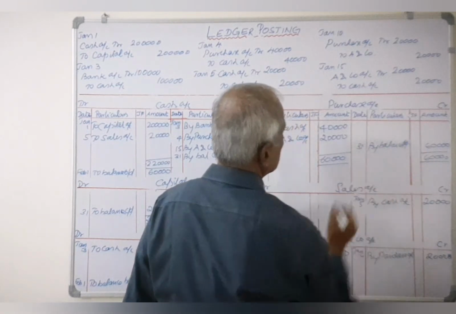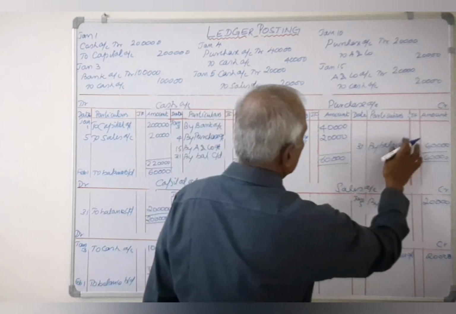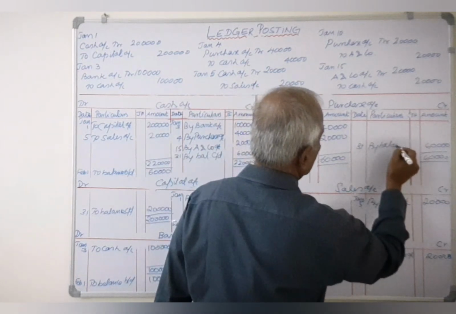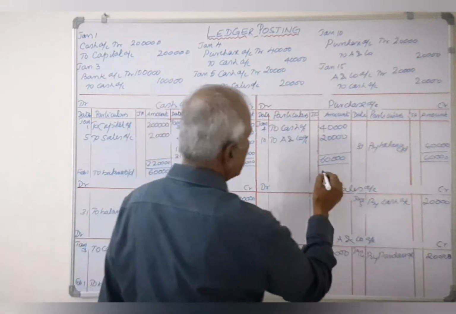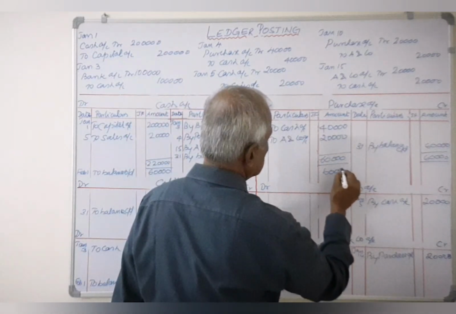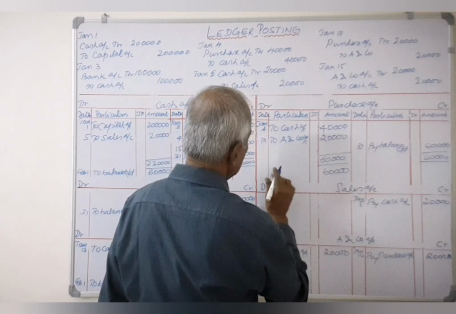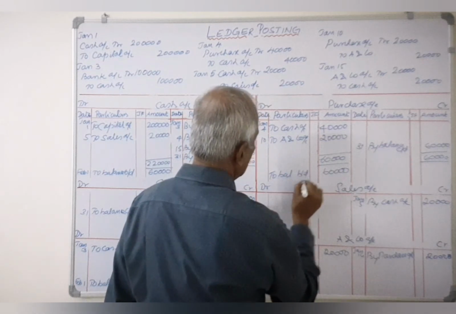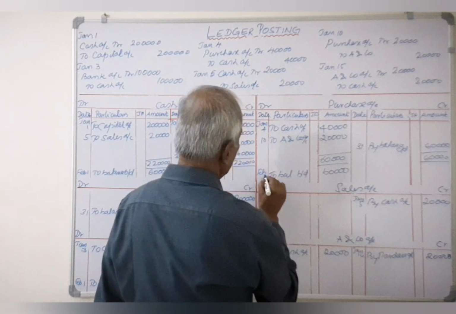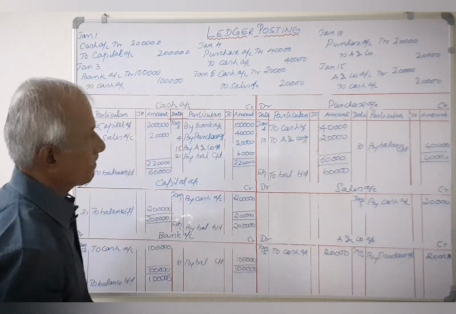This is the last date of the month. And carry the amount to the opposite side, 60,000. Against it you write "To balance brought down". This is the first date of the next month.